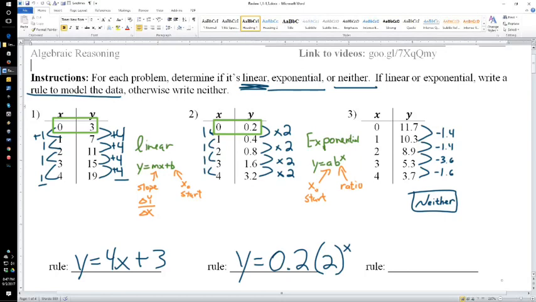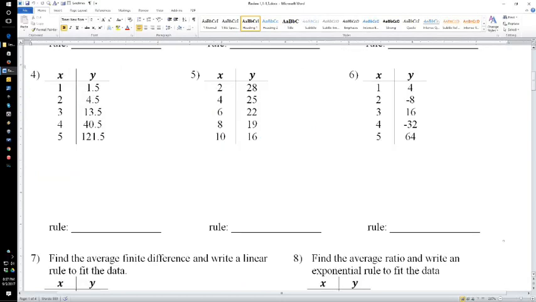All right, I'm going to pause and move to the next three. This next one actually looks exponential, because you're going up by 3, then by 10, then by like 30. So it's not linear, we can tell you that right now.